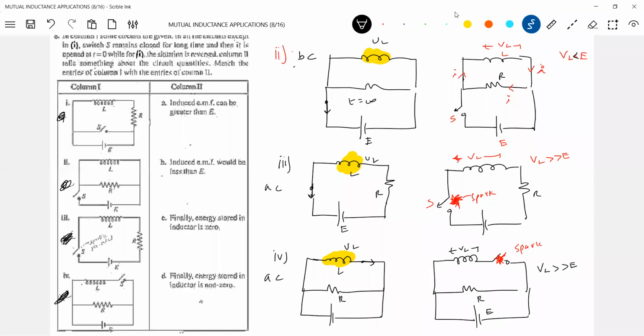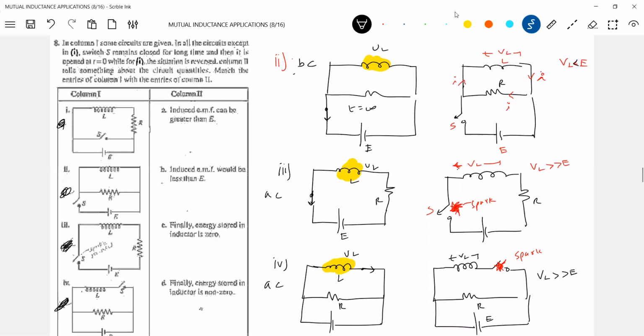Okay, this is about 2, 3, 4. What about option 1? Option 1 is like this. The switch is open and I'm going to close the switch.